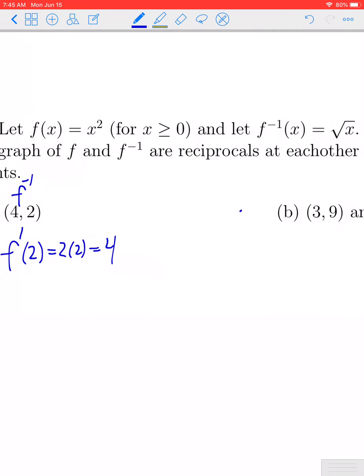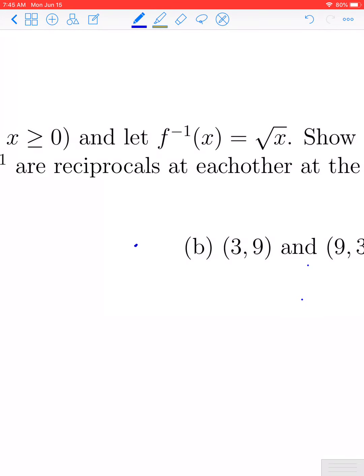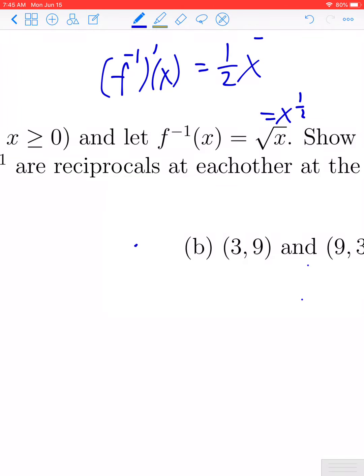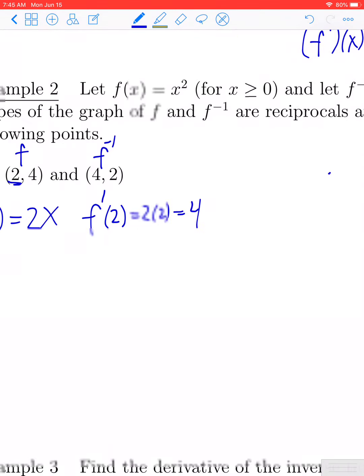f inverse was equal to the square root of x. We have an explicit form for f inverse, so we can just go ahead and do the derivative here. f inverse prime of x, this is x to the 1/2. Power rule, we bring the power down. We're going to reduce the power by 1, and then we can reciprocate. This should be 1 divided by 2, x to the positive 1/2, but I'll just call it 1 over 2 square root of x.